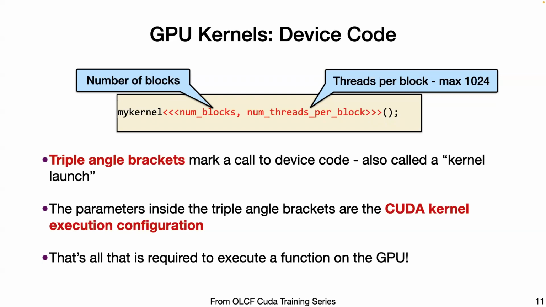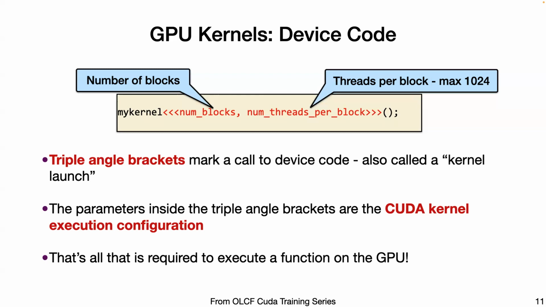The two required things are the number of blocks, which is some notion of parallelism, and the threads per block, which is a finer-grained level of parallelism. The maximum threads per block is 1024. For good utilization, you usually want at least 256 or so. It doesn't have to be exactly 1024, but it should be a close constant factor to 1024 for good performance.